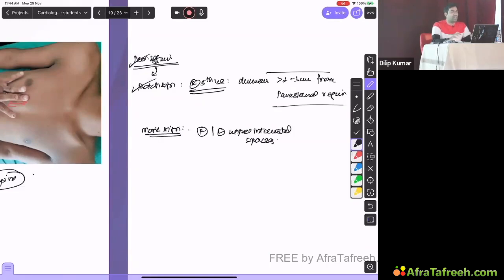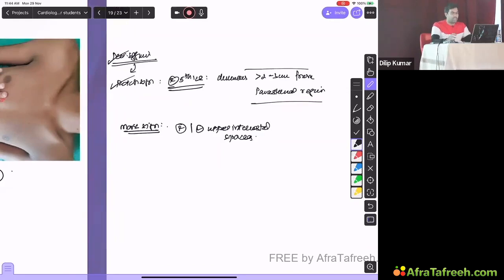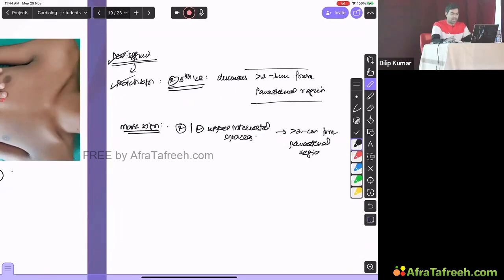Upper intercostal space means we are talking about probably the second intercostal space. Even in those areas, the dullness will extend more than 2 to 3 centimeters from the parasternal region. So this is what we call Morris sign. Both are understandable because I told you the entire cardiac border is going to become big if it's a significant pericardial effusion.